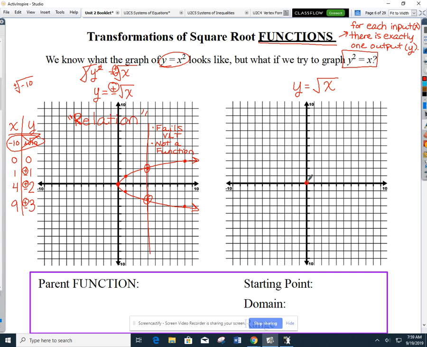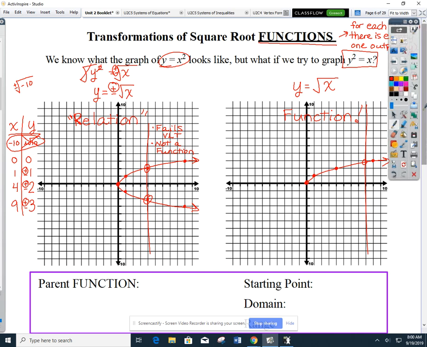So we would have the points 0, 0, 1, positive 1, 4, positive 2, and 9, 3. And now if we did the vertical line test, it would only pass through 1 point, and this is a function. So that's the function that we're going to be studying.